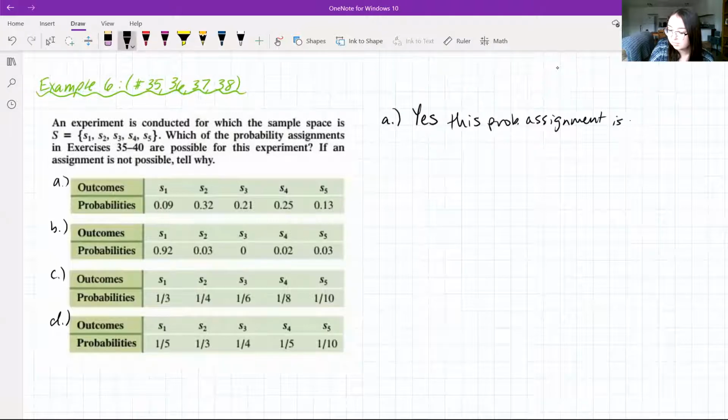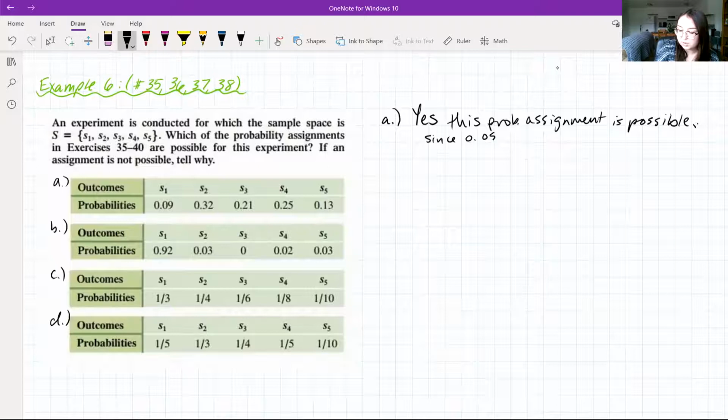This is because when we add these up, they equal 1, and each one is between 0 and 1. Since 0.09 plus 0.32 plus 0.21 plus 0.25 plus 0.13 is equal to 1.